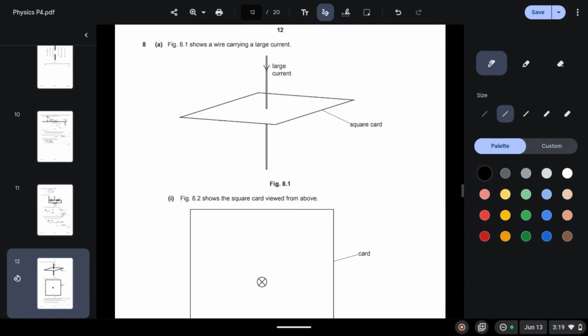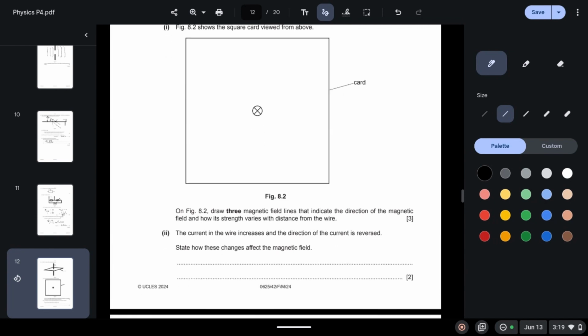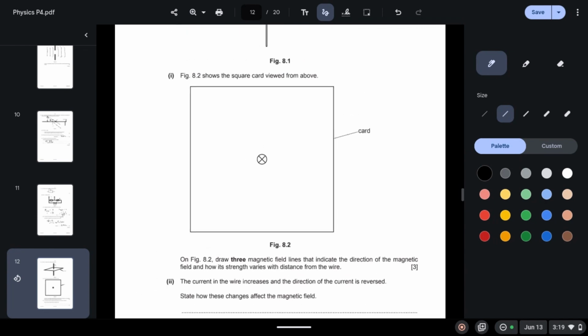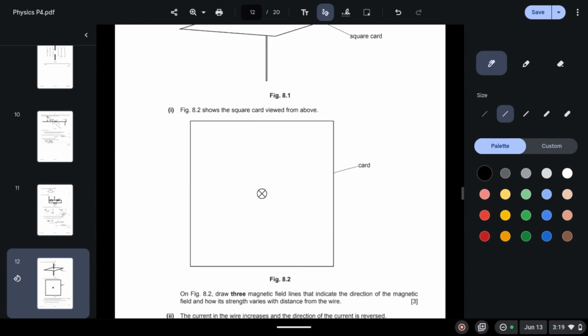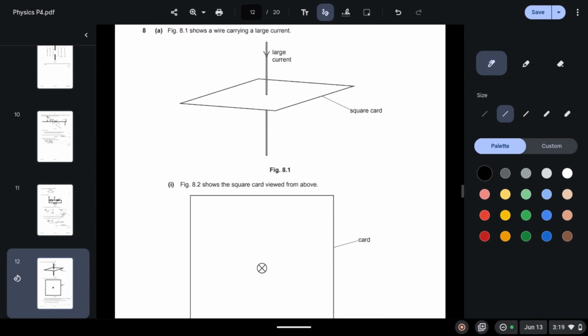Figure 8.1 shows a wire carrying a large current. Figure 8.2 shows the square card viewed from above. On figure 8.2, draw three magnetic field lines that indicate the direction of the magnetic field and how its strength varies with distance from the wire. Okay, so here we'll use the right hand grip rule. The direction of your four fingers indicates the direction of the magnetic field, and your thumb indicates the direction of the current.